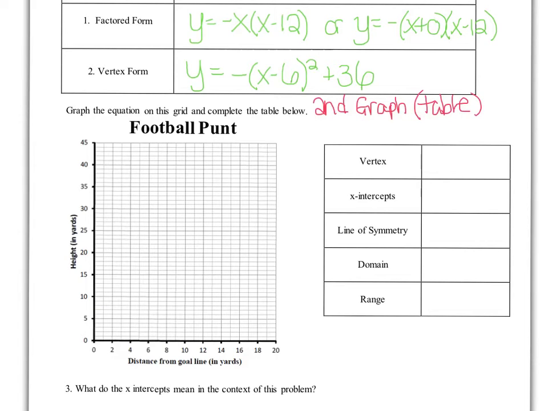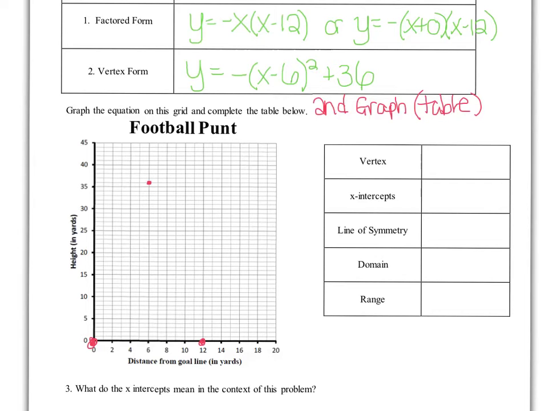But let's say you don't have a graphing calculator, we can find, for instance, our x-intercepts. Our x-intercepts are at 0 and 12. And then we know we have a vertex at 6, 36. If I wanted to find any more points, I can just plug in numbers.